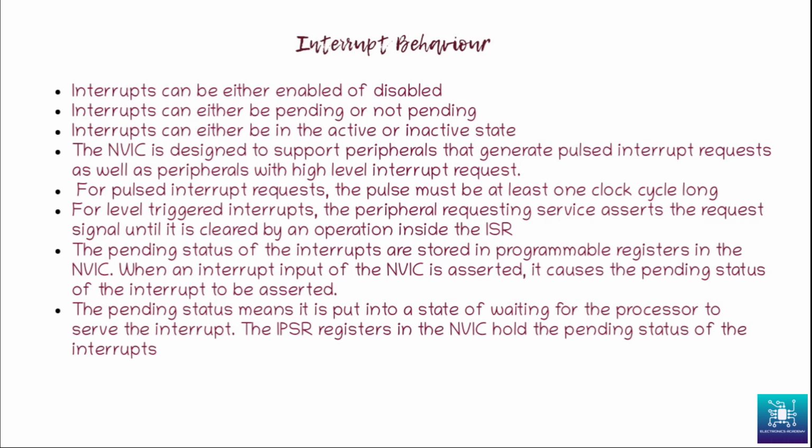That is, whatever is the clock speed of the controller, say it is running at 100 megahertz, the pulse duration has to be 1 upon 100 megahertz, right? So that is the duration of your pulse. The pulse duration cannot be smaller than that.